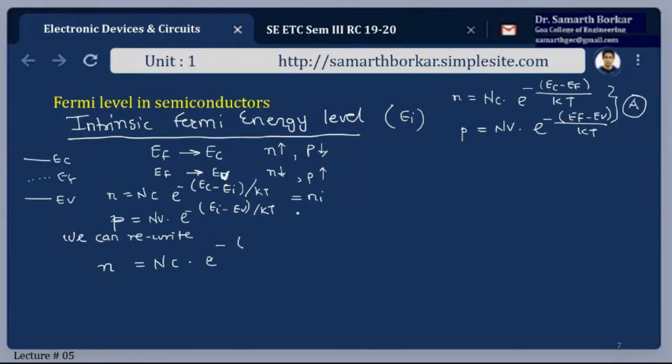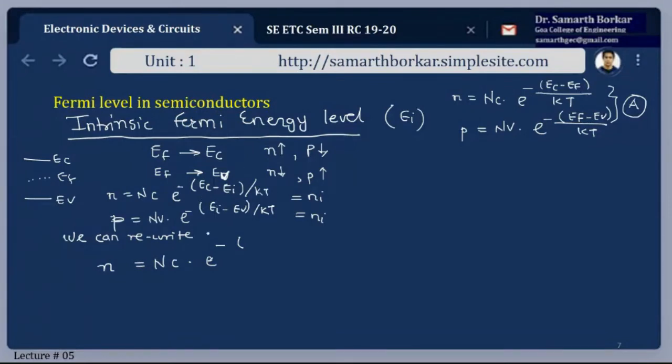For an intrinsic semiconductor, N is equal to P is equal to Ni, isn't it? So both these equations are true, and we are taking EF right at the center. So we are going to replace this EF by EI. Now this is the equation for the intrinsic semiconductor.